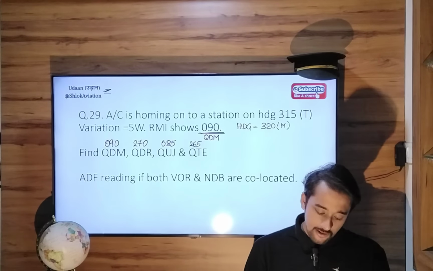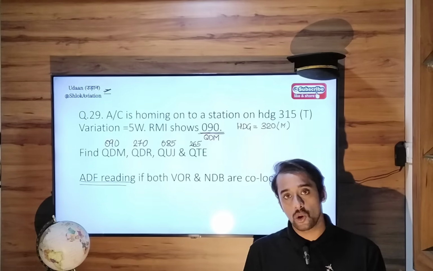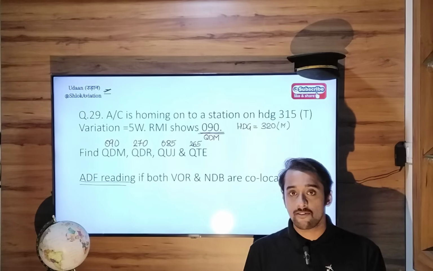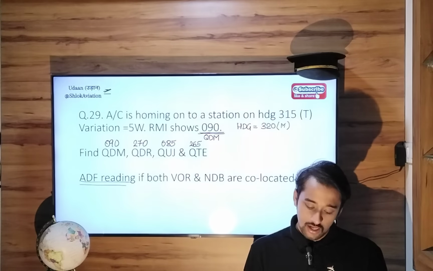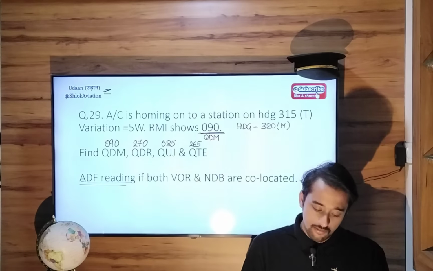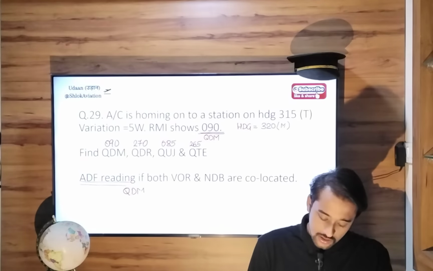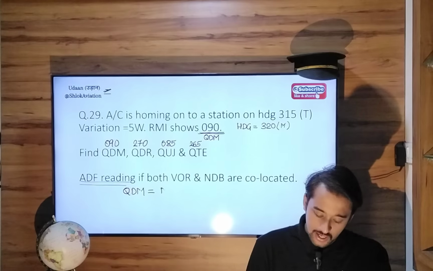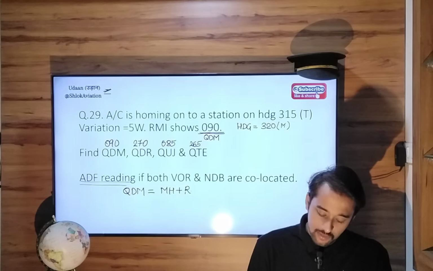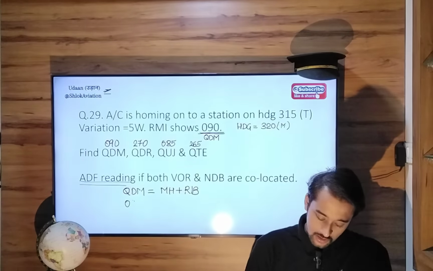What will be the ADF reading if both NDB and VOR are co-located? So another simple one. So formula is QDM equals to what? It is equal to magnetic heading plus relative bearing. So QDM is given to us 090.